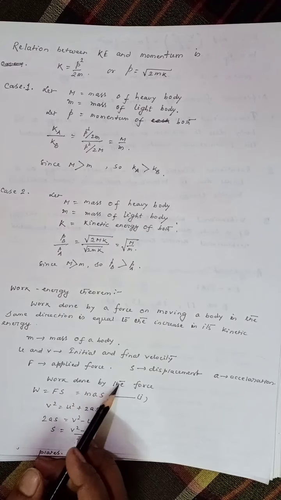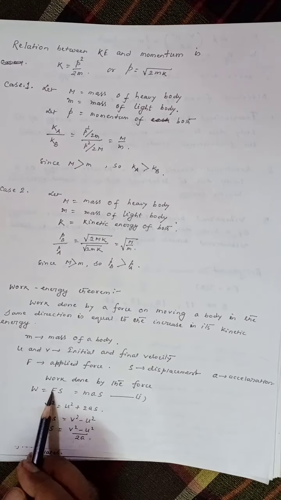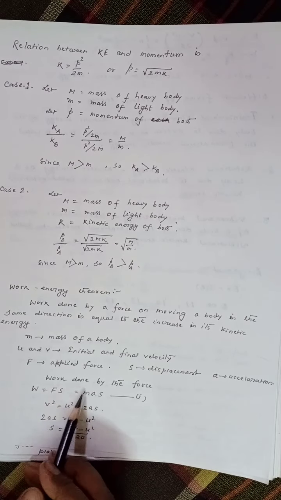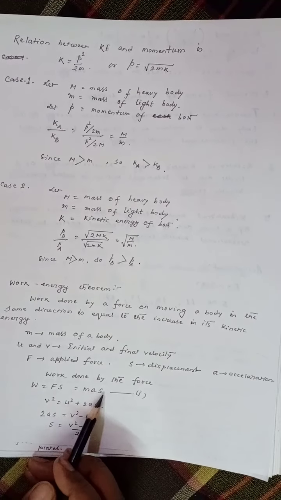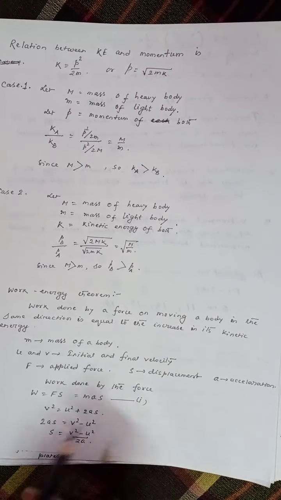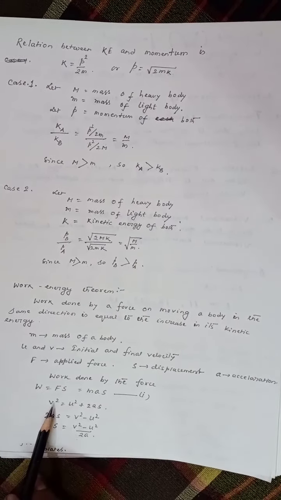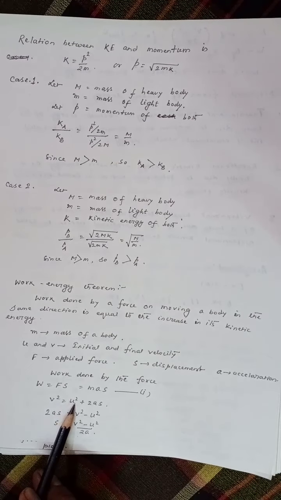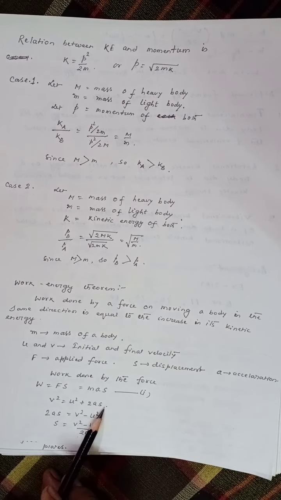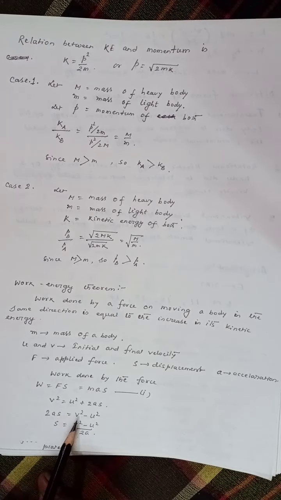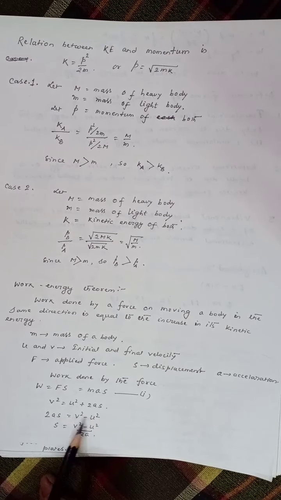So work done by the force W equal to Fs. We know F equal to ma, so it is ma into s. This is equation 1. Now we have v square equal to u square plus 2as, so 2as equal to v square minus u square, so s equal to v square minus u square by 2a.